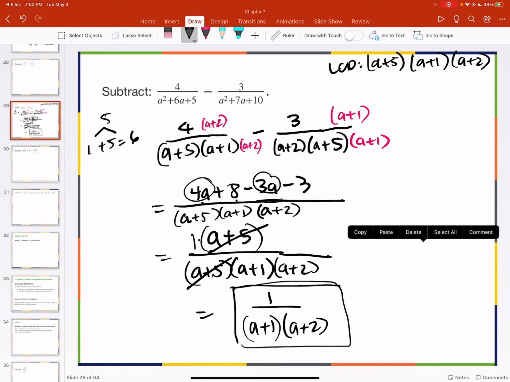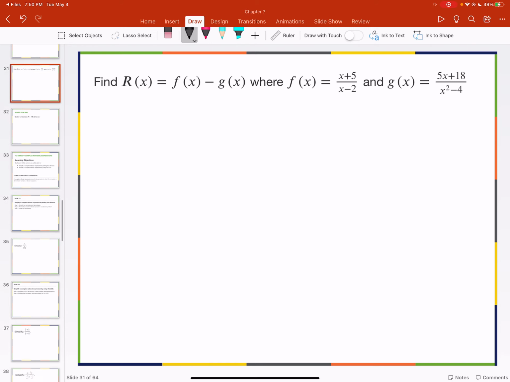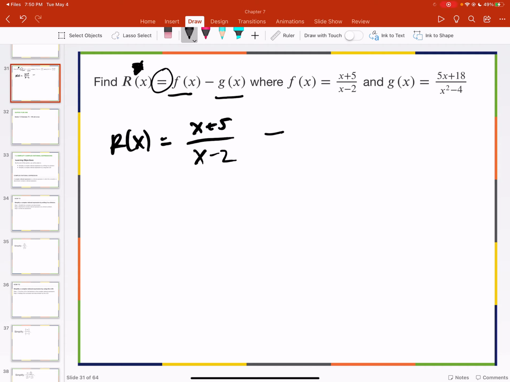Okay, yeah. Okay, let's do a function. Find r of x is equal to f of x minus g of x. So it's the same thing, except now it's an equation, right? It's an equality. It's a function. It has a name. So r of x equals f of x, which is x plus 5 over x minus 2, minus g of x, which is 5x plus 18 over x squared minus 4.